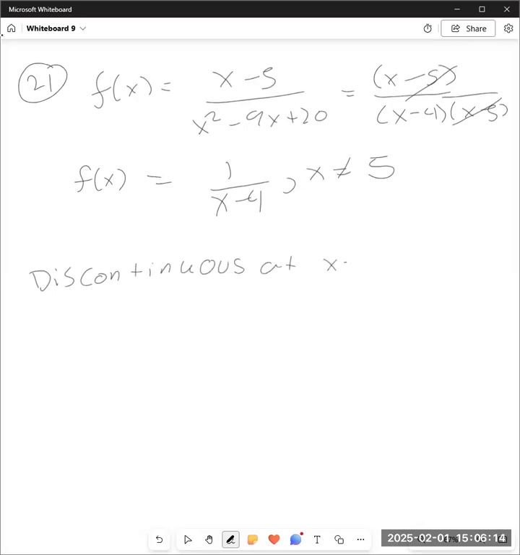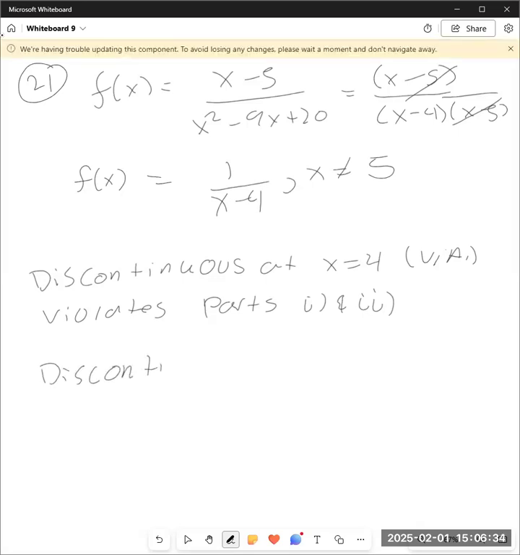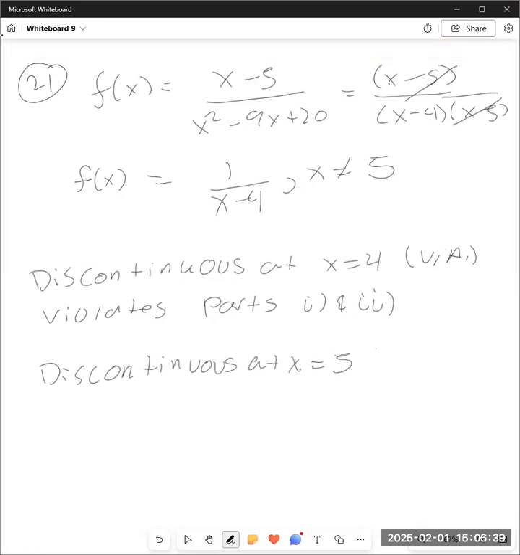at x is equal to 4. That's a vertical asymptote there that still remains in the denominator, and that violates parts 1 and 2 of our definition. It's discontinuous at x equals 5 because there's a hole in the graph there, and that violates part 1 of our definition that the function value has to exist.